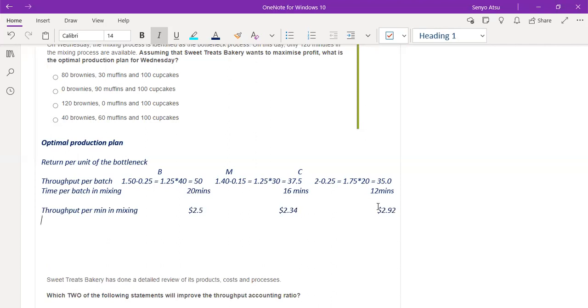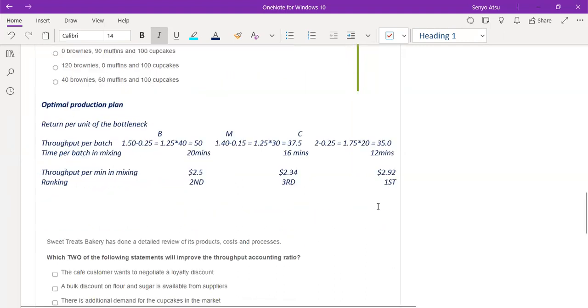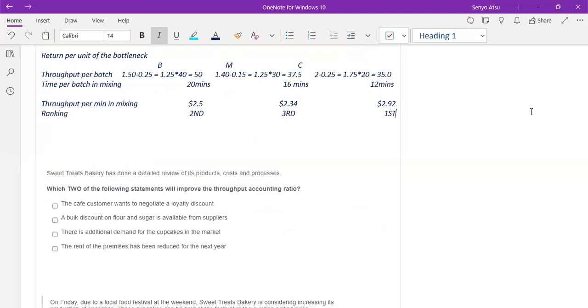In the face of limitation of resources, you rank them. C comes first, 2.92. B comes second, and M comes third. The question says mixing is the bottleneck, and there are only 120 minutes on that day.